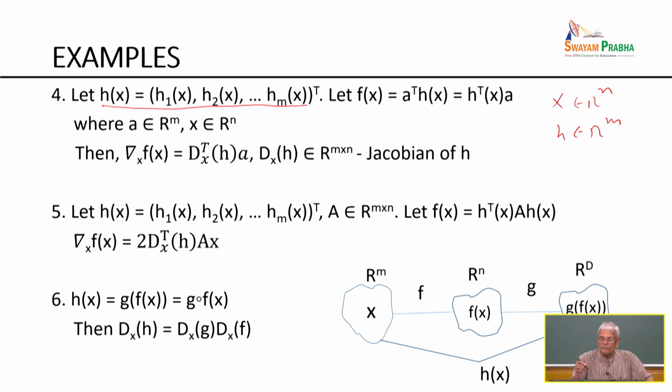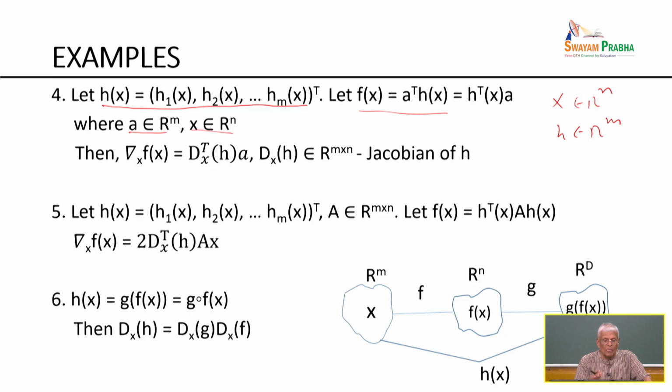Now, I'm going to define a new function, f of x is equal to a transpose h of x, where a is an m vector, x is in Rn. Now do you understand that f of x is a function of a function?